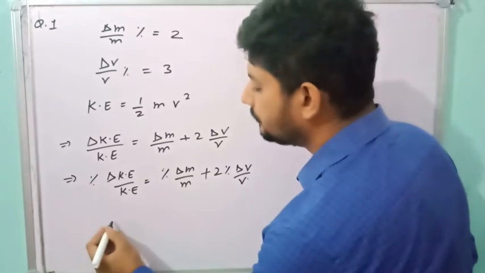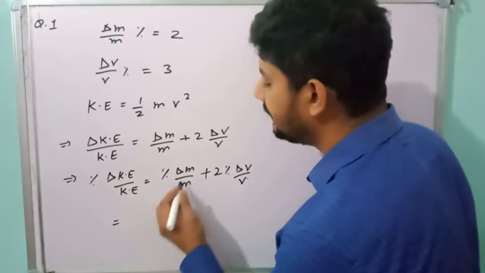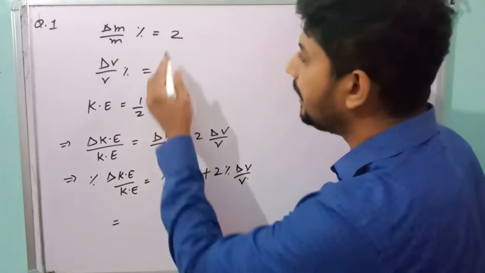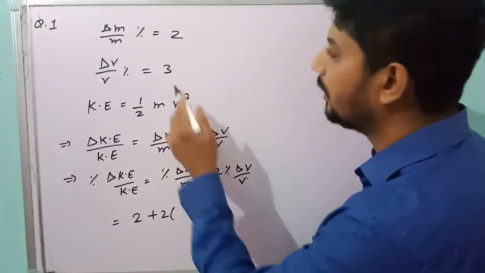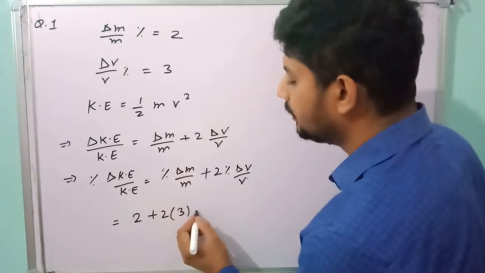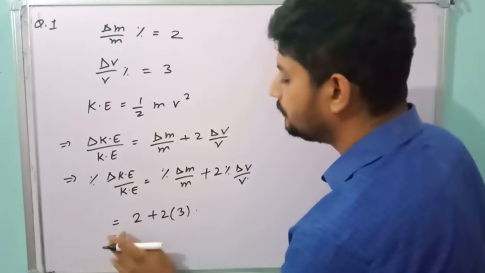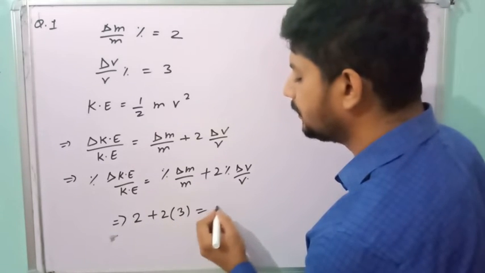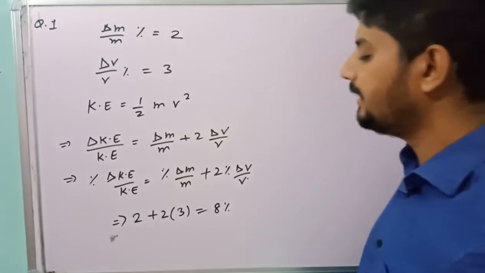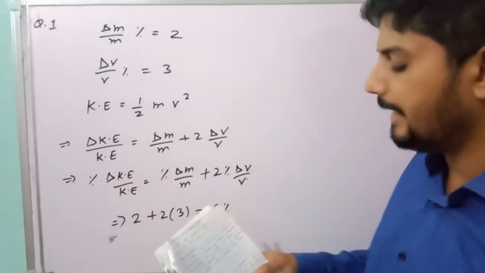So the percentage error in kinetic energy is equal to 2% plus twice of 3%, which is 2 plus 6, equal to 8%. So the percentage error in kinetic energy is 8%.